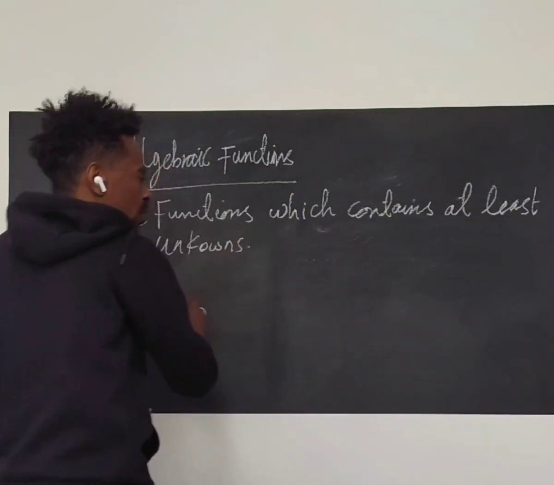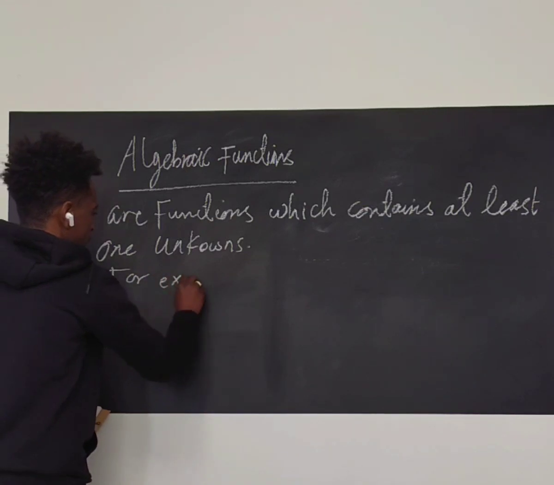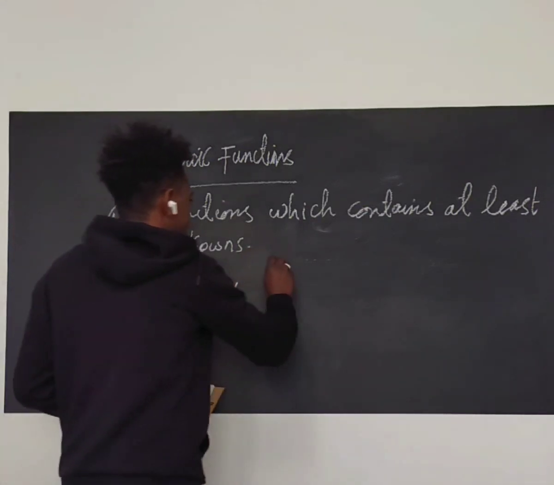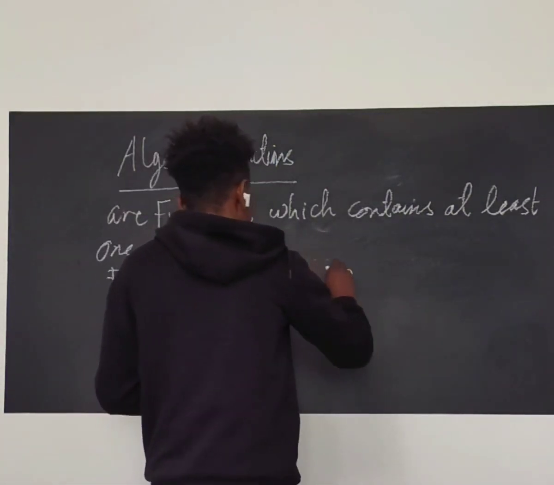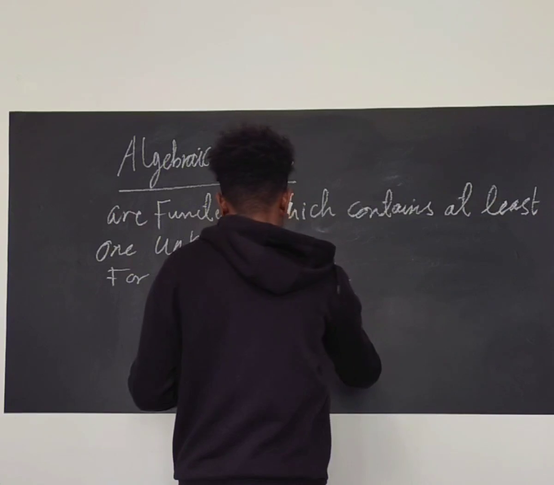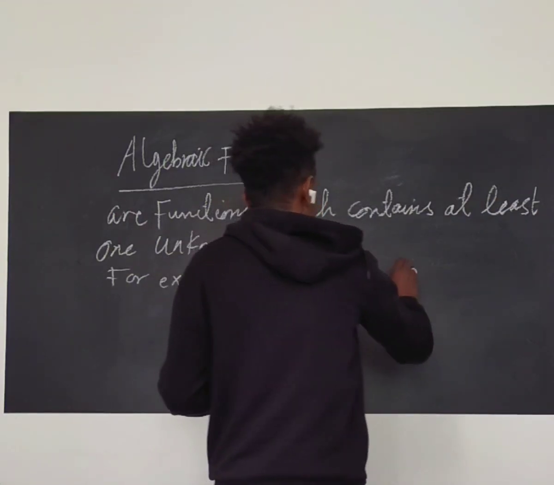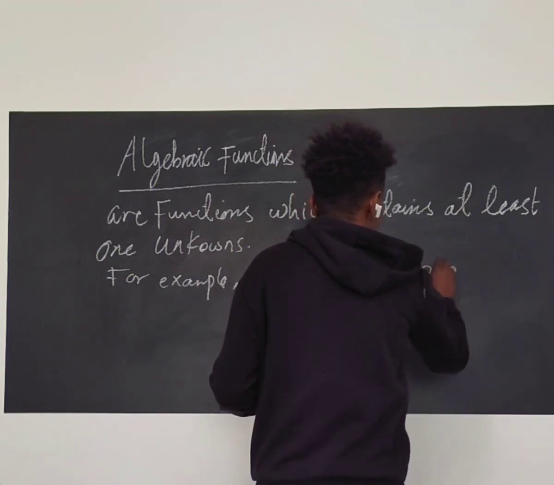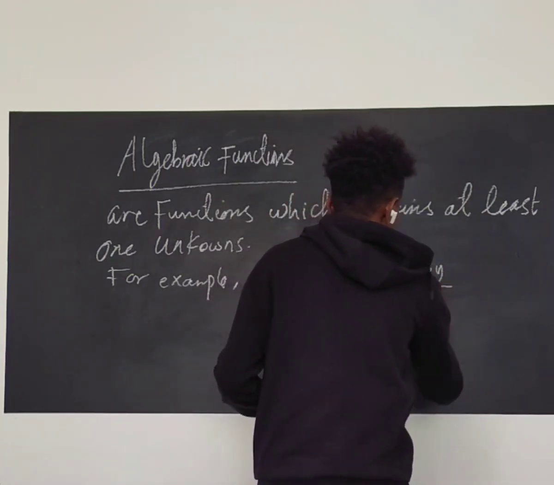So, for example, x over 7, minus 2 over 5 minus y, x plus 2y over 1 minus y.